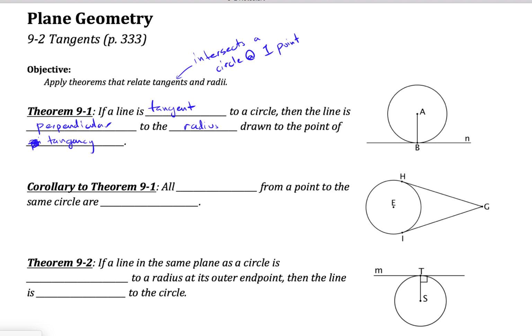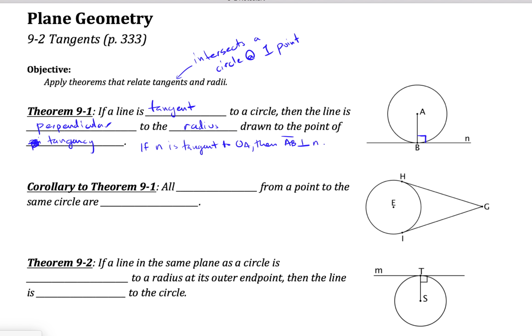So what that means for this picture is that if N is tangent to circle A, then that would indicate that segment AB, which is a radius of circle A that's drawn to the point of tangency at B, is perpendicular to line N. It would form a 90-degree angle right there. So that's pretty straightforward, not too complicated there.